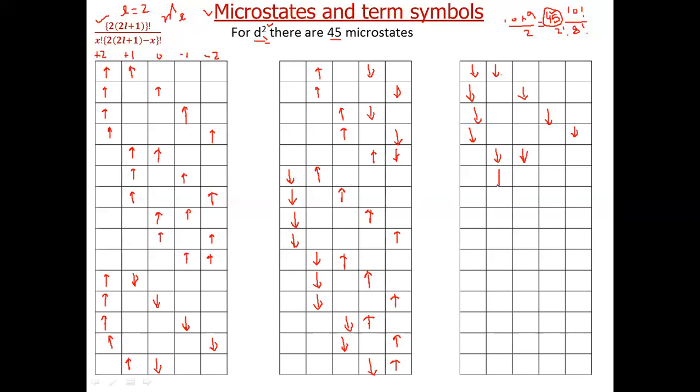This here, this here, this here. Now this here, this electron comes here. The next possible arrangement is this electron here and this electron here.